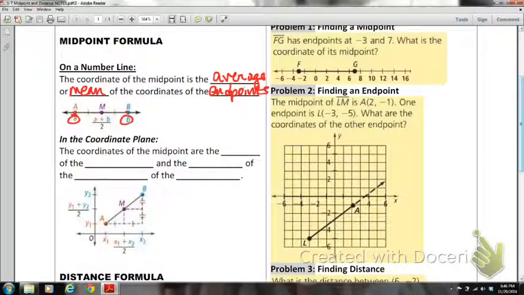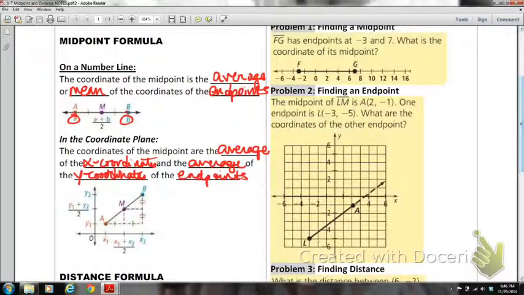Now in the coordinate plane, the coordinates of the midpoint are going to be the average of the x coordinates and the average of the y coordinates of the endpoints of the segment.